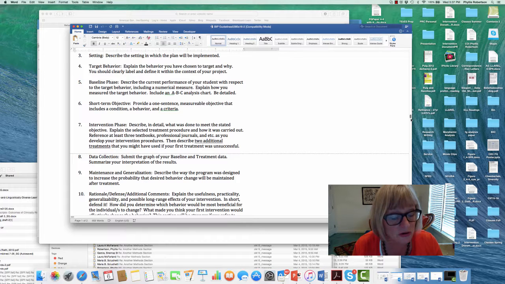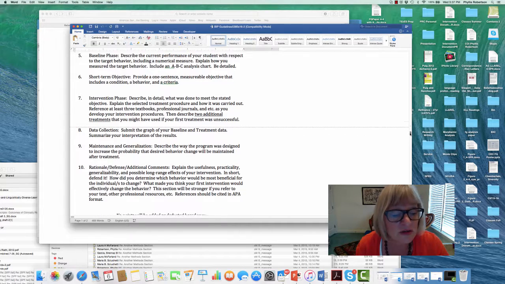So chances are you're designing an intervention where you're very actively involved in supporting the person to exhibit the target behavior or to reduce the target behavior. Moving forward, you're going to want that person to be able to take those new behavioral skills and apply them when you're not there, or if you're a classroom teacher, to apply them in other teachers' classrooms. That's what we mean by generalization.